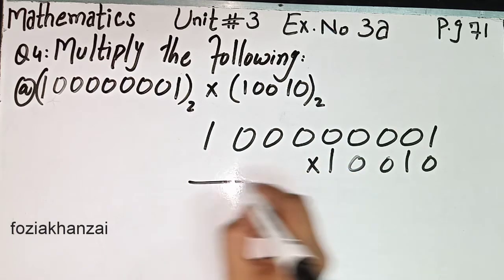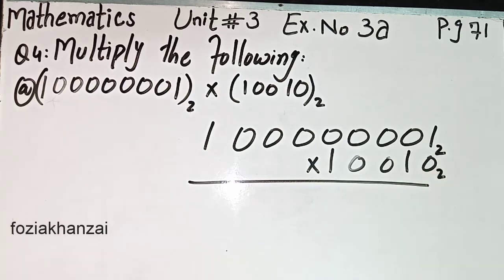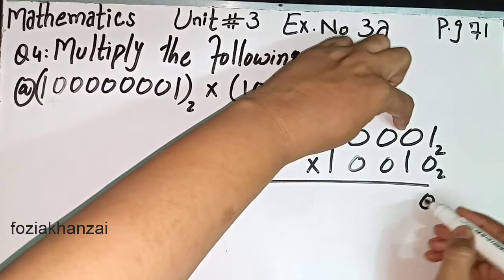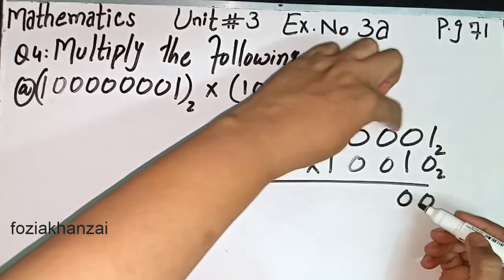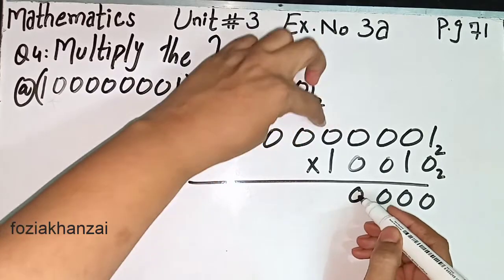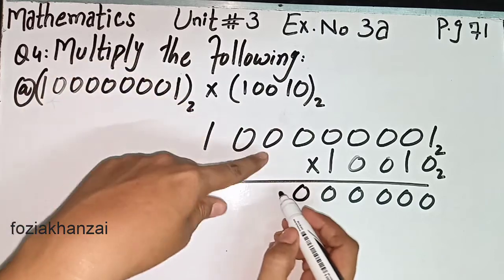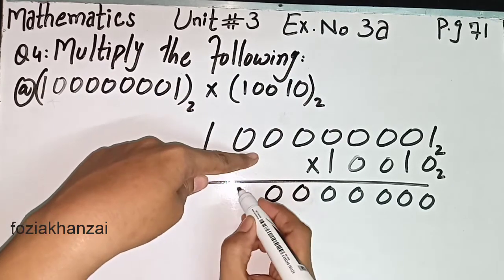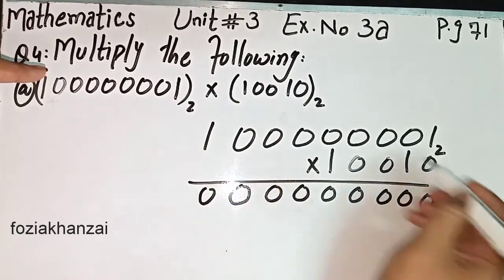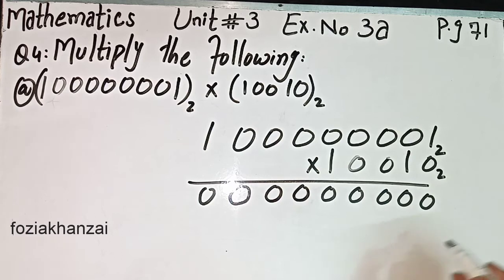Okay, in base 2 system, 0 1s are 0, 0 0s are 0, and so on. 0 multiplied by any number, again we get 0.